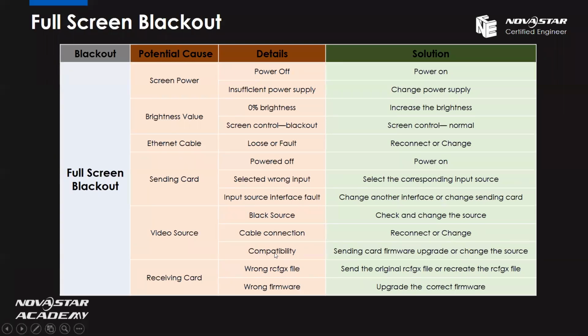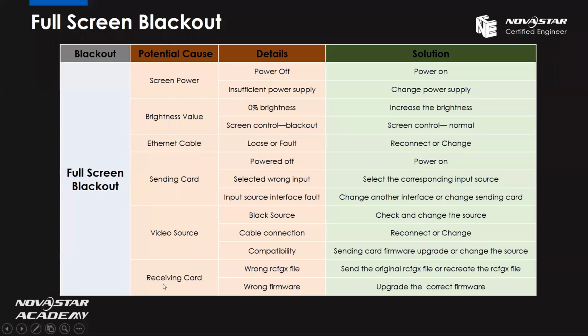And the third one is the compatibility. Sometimes there is something wrong with our sending card firmware program file, so we need to upgrade the sending card firmware program file. And sometimes maybe the video source format is not correct, so we need to change the video source.